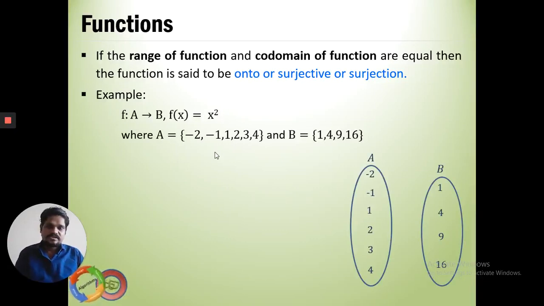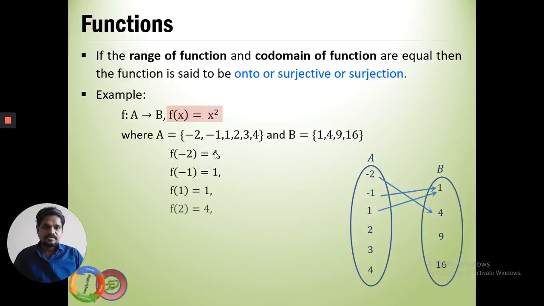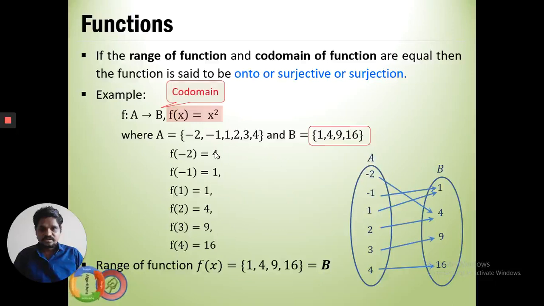Now in this example, A maps to all the elements of B. You can see all the elements are mapped. So this function is onto because the range is equal to B; it covers the entire set. So this is the codomain.